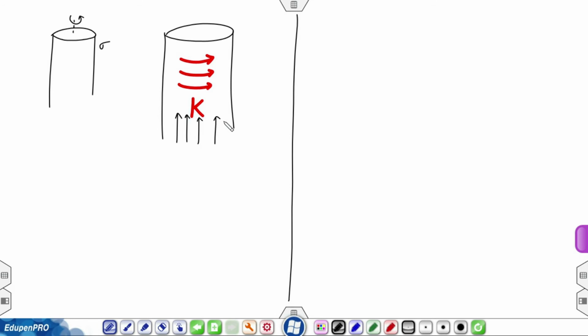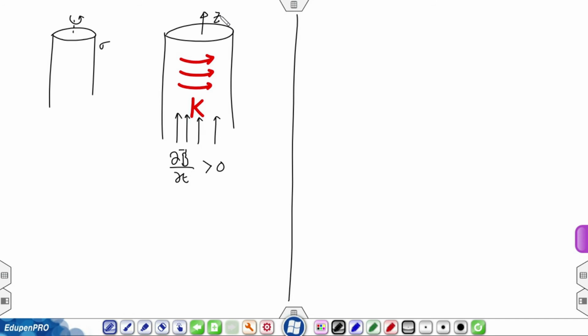So, dB dt is greater than 0, it is increasing in the positive. Let us say this is the positive z direction. So, what would happen? Let us see.